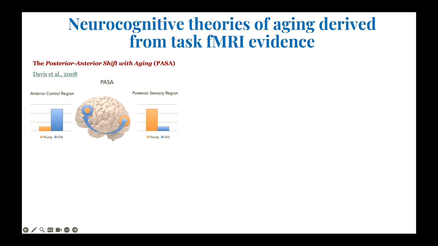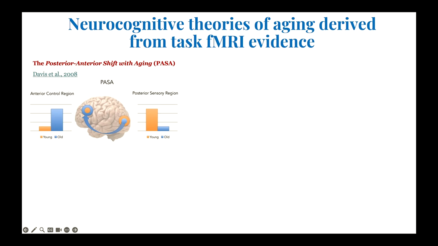So the information processing is taken up by anterior areas, and some of the earlier evidence which observed this in fMRI signals, they call this the posterior anterior shift with aging, which seems to be a very important cognitive neuroscience theory of brain aging, or an observation that is associated with the aging process.